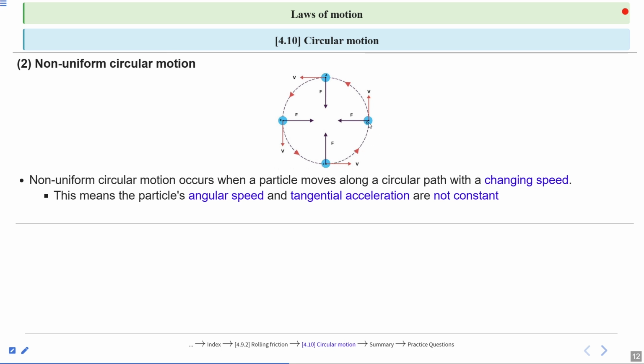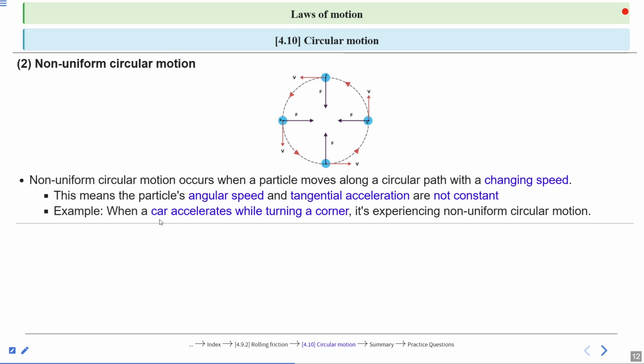At point D the speed has changed. It means at every point the speed of the particle changes and the velocity also changes. So in non-uniform circular motion, speed and velocity are both changing.